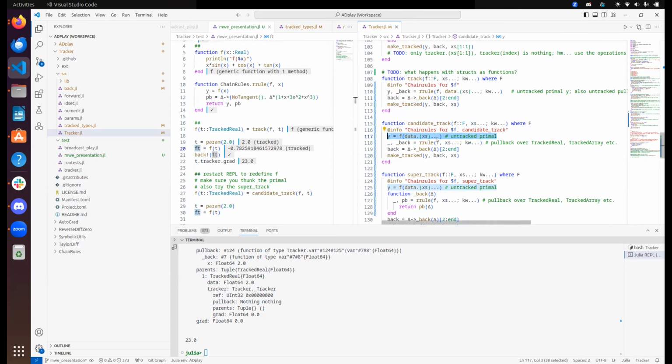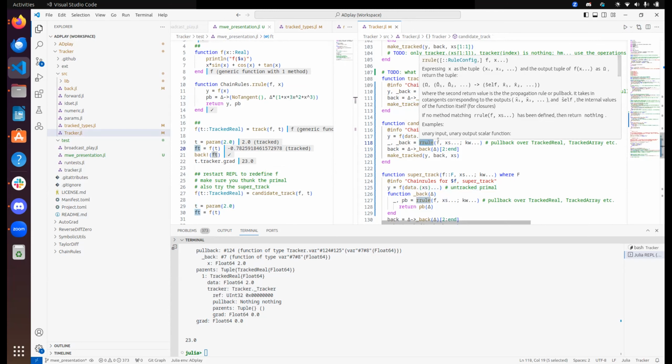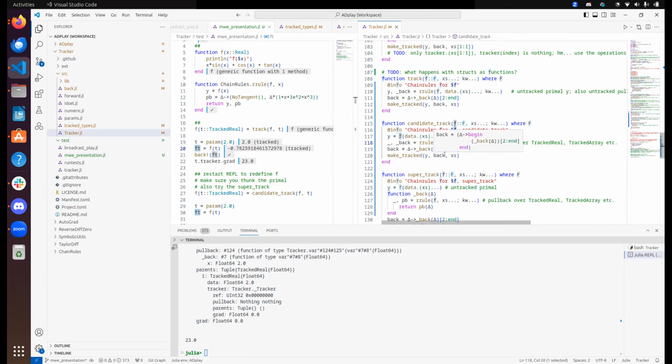But this time, as you see here in this rule, we call the reverse rule over the tracked data itself. So we have the reverse rule of f, and here we will have our t basically, and not the data of t.